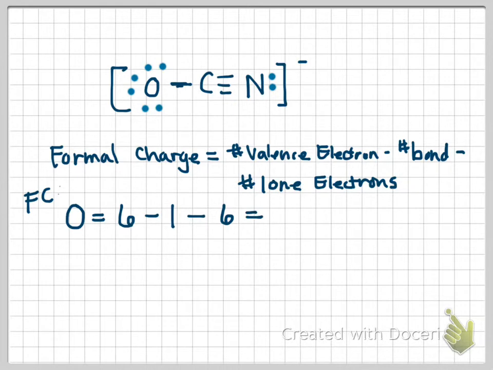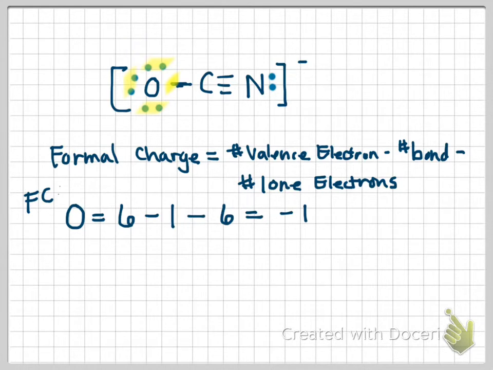Don't count lone pairs. We're counting each individual electron here, so there's 6. And that gives oxygen a formal charge of -1. Again, it just means if I'm looking here at oxygen, oxygen has 6 electrons here. Lone electrons belong solely to the atom, and then it has 1 electron out of that bond.